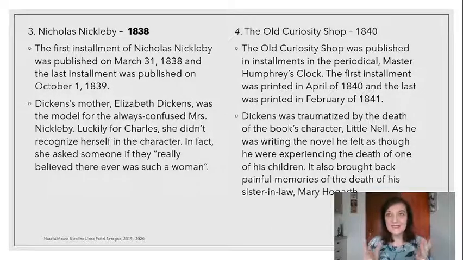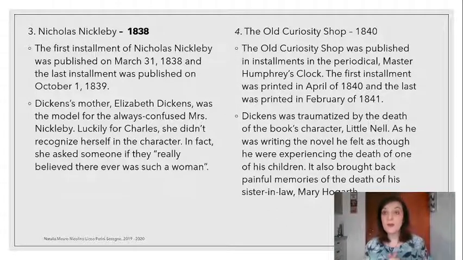Okay, and so this is an example also of his irony, of the way he uses humor, and of the way Dickens used his personal life, his knowledge, his personal experience in order to create these memorable, unforgettable characters.